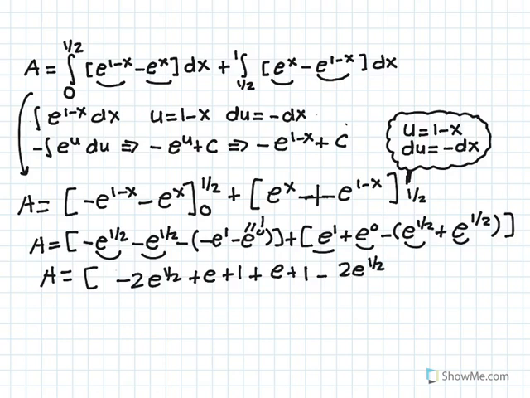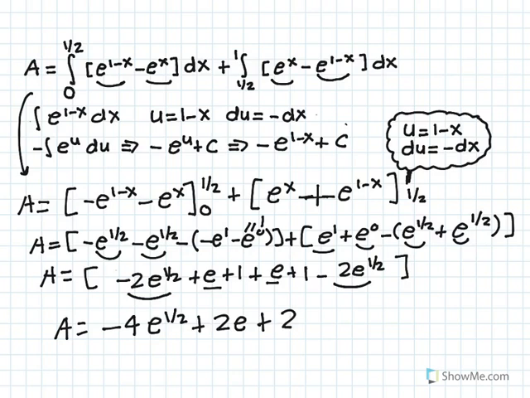We simplify this very, very carefully because it's easy to make mistakes. Minus 2e to the 1/2 minus 2e to the 1/2, that's going to give us minus 4e to the 1/2, plus e plus e is 2e, 1 plus 1 is 2.